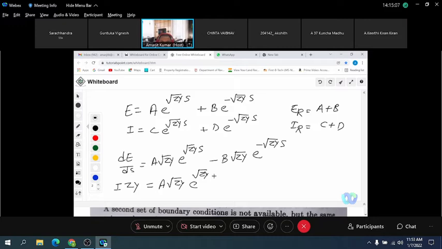Now put S is equal to 0. So basically IR into ZY will be equal to A into root ZY minus B into root ZY. This is okay? Correct or not?